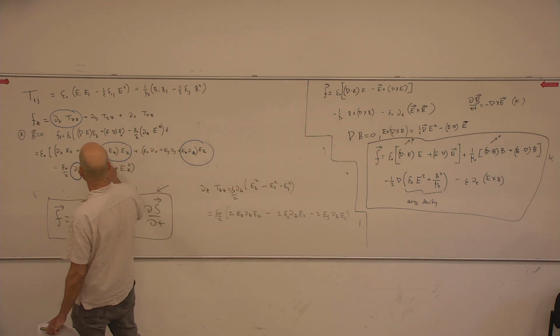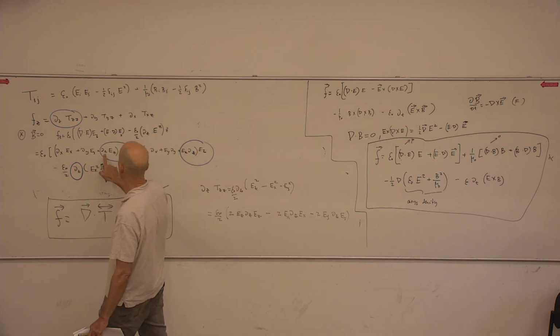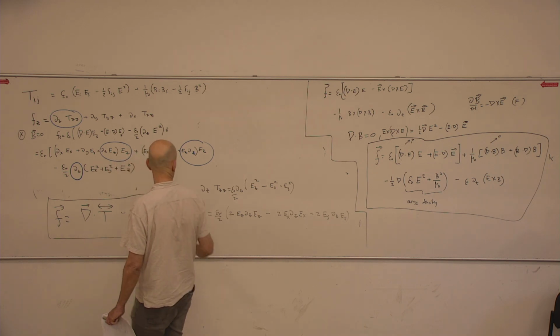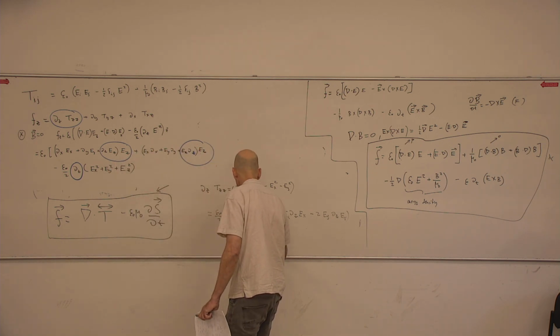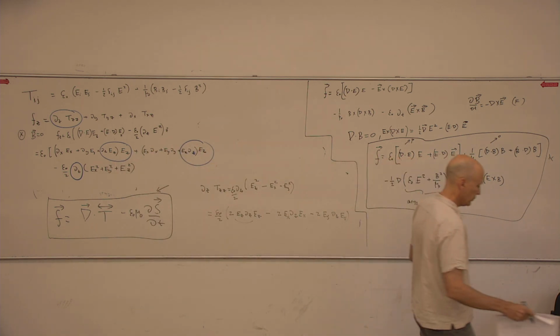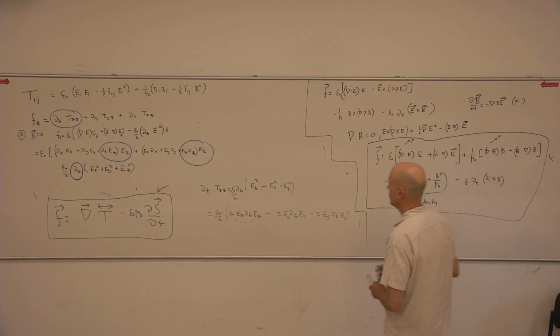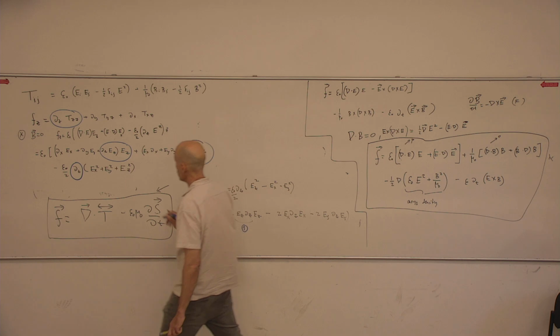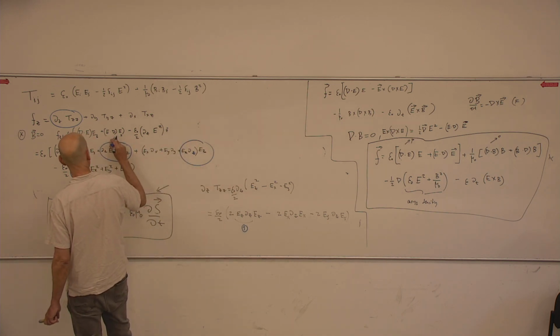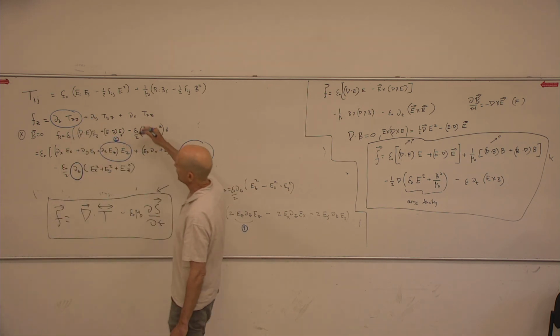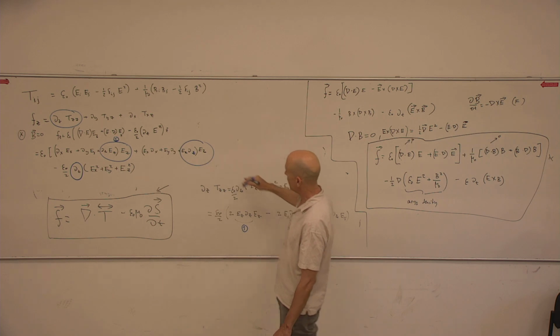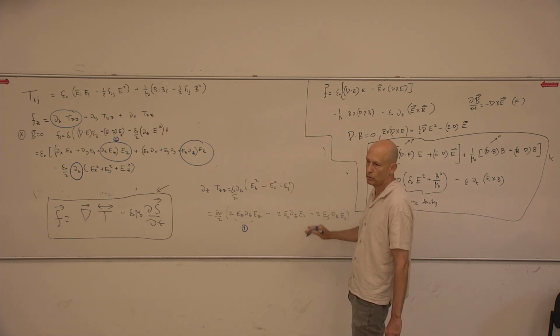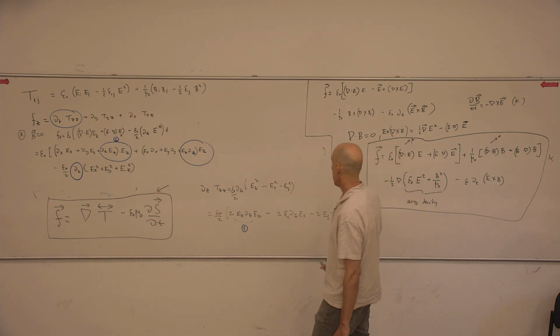So look at this term, for example, it's epsilon 0, derivative of Ez, Ez. So this is the same as this one, and this one and this one go away. Here I did it by the first definition, by equation aleph. Here I did it with respect to the new definition.